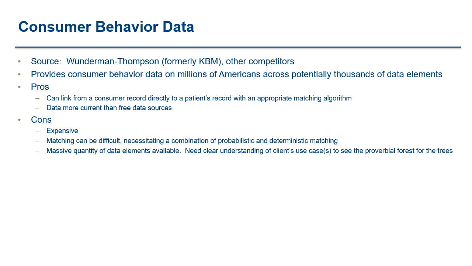The matching can be difficult because you may have a name and a date of birth, or some other combination of things, and you're trying to match that to a patient database where all of the data elements may not match exactly. So you may have to do a combination of probabilistic and deterministic matching to be able to figure out that the person on the consumer data record is in fact the same patient you have within your own system.